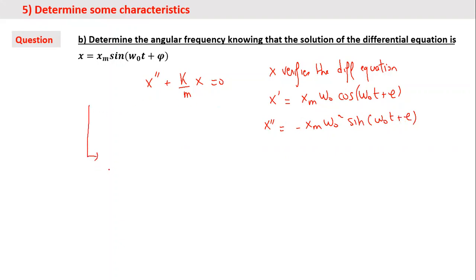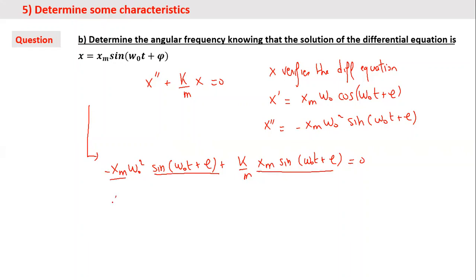So by substitution, we'll get minus xm omega 0 squared sine of omega 0 t plus phi, plus k over m, then we put x, which is xm sine of omega 0 t plus phi, and it's equal to 0. If we notice here, what do we have? xm sine of omega 0 t plus phi is common.